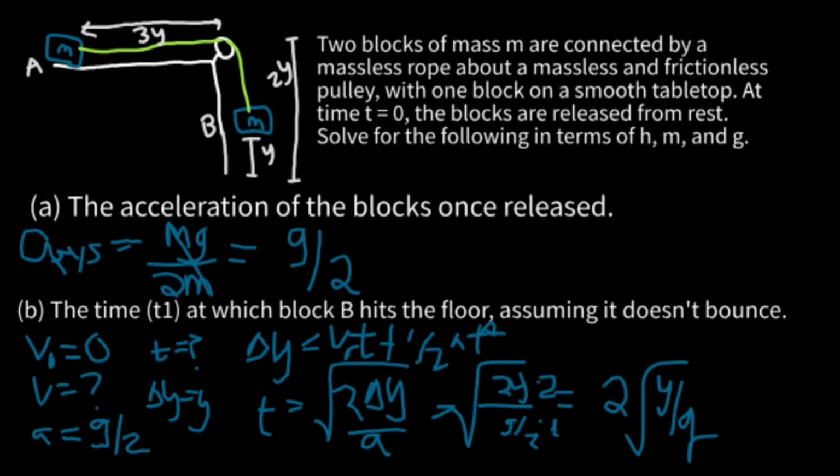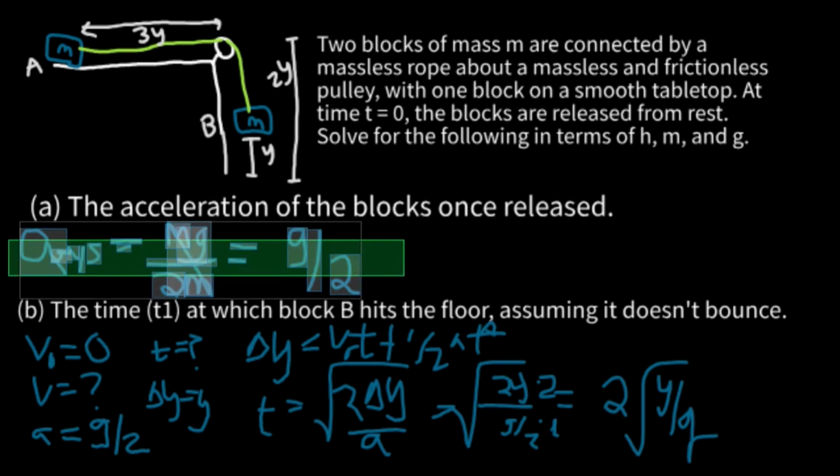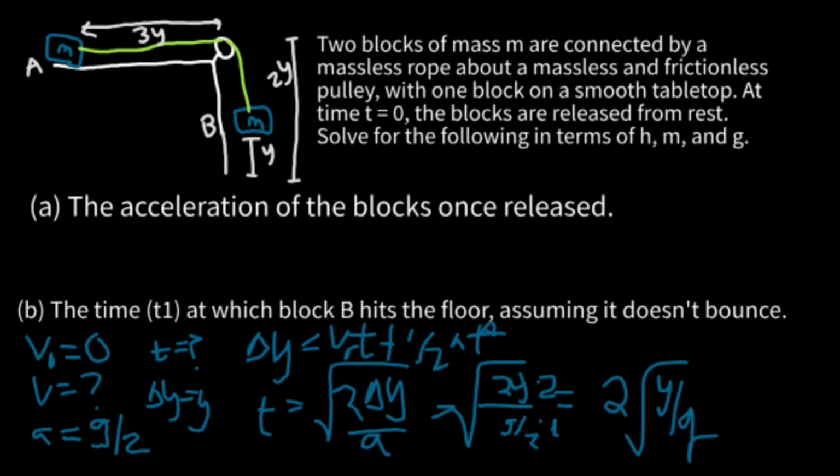Alright, and actually, let's do part A the challenging way, because that was quite easy, and for the AP exam it's a reasonable request, I'd say show all the work.